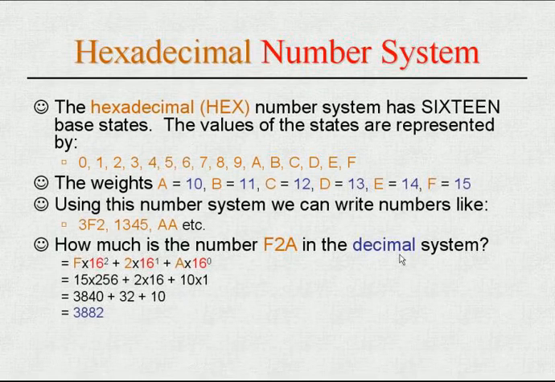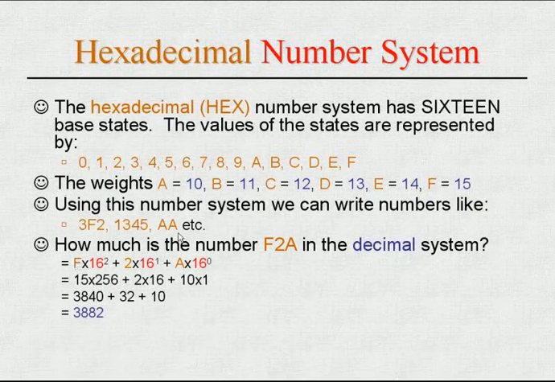To convert to decimal, you apply the formula I showed you before, where we take the state, multiply it by the base to the exponent, and add it to all the other parts. So if we're looking at F2A, we have F times 16 to the 2, we have 2 times 16 to the 1, and then we have A times 16 to the 0.